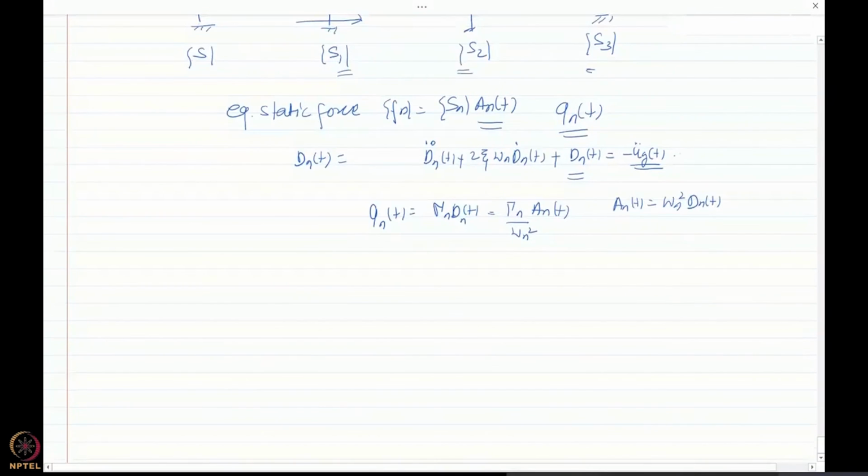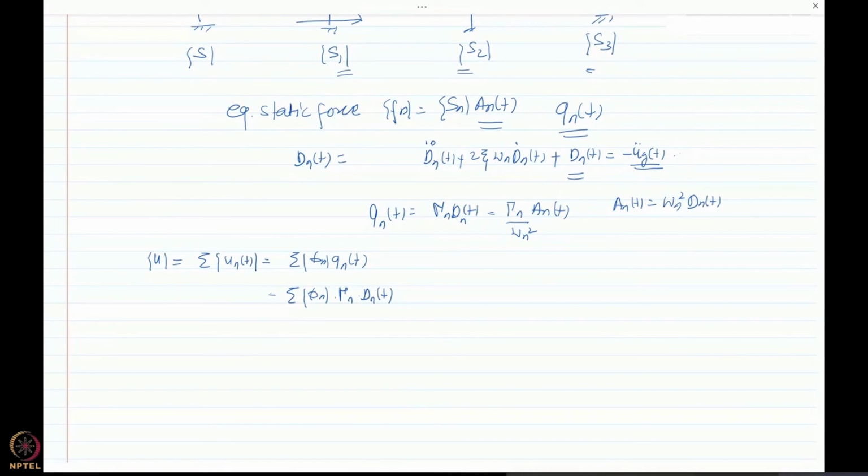Now displacement response you can directly get as u(t), the summation of all un(t), so phi n times Qn(t) for each mode. Now Qn(t) for each mode is what? Qn(t) for each mode is whatever gamma n times Dn(t) is. Okay, so you can substitute that and get the total response.